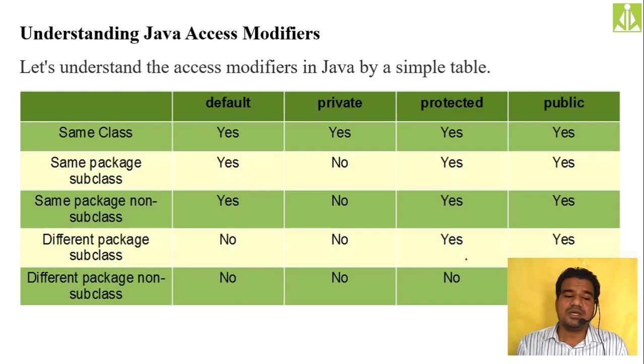Okay. Then, understanding the Java access modifiers. Whatever explanation I have given in my previous slide, I have tabulated over here. Just refer to that. Same class means within the class. Same package subclasses means the classes within the package which are inheriting the current class.